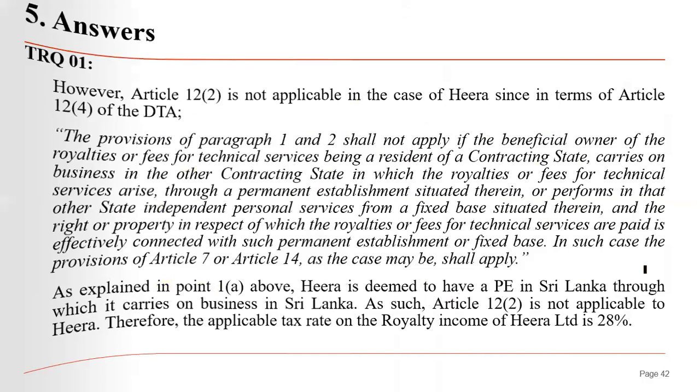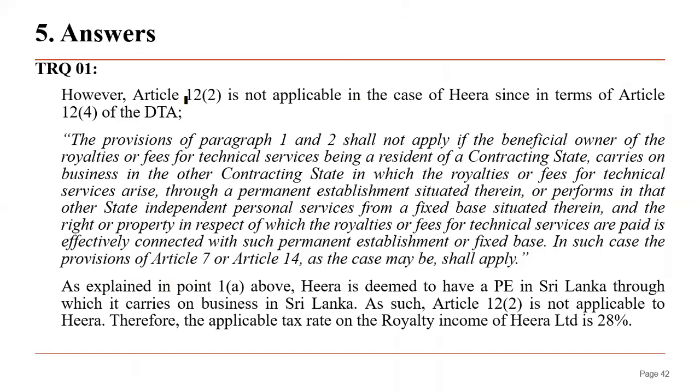Then the interesting part: however, Article 12.2 is not applicable in the case of Hera, in terms of Article 12.4 of the DTA. If you can read Article 12.4, it says that the beneficial owner of the royalty and technical service being a resident of the contracting state carrying on business in the other contracting state, Sri Lanka, royalty and technical service fees.